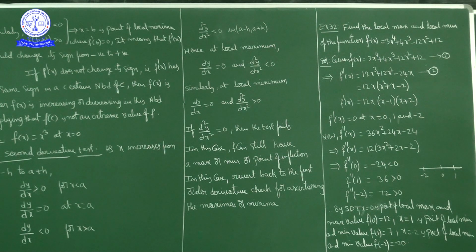At those points check the second derivative, find f double dash of x or d²y/dx². If the second derivative is negative, f has a local maximum at that point.